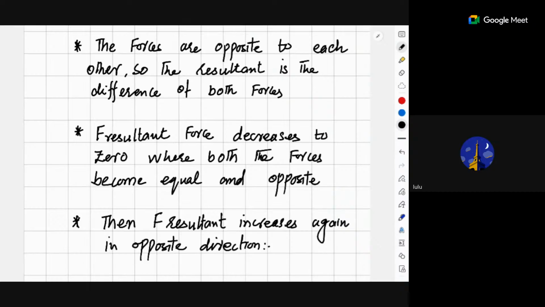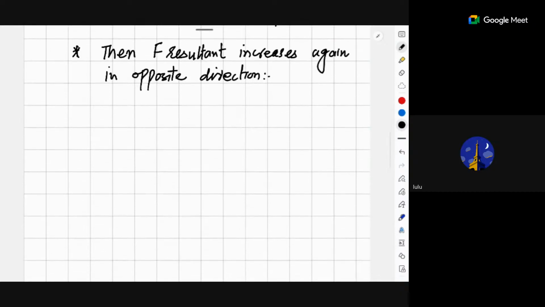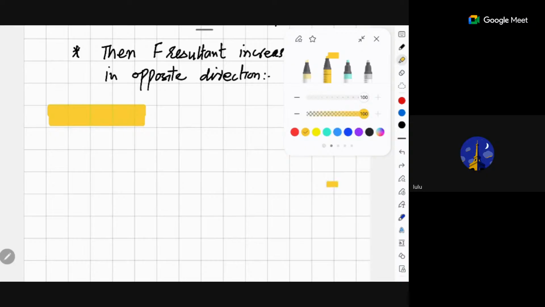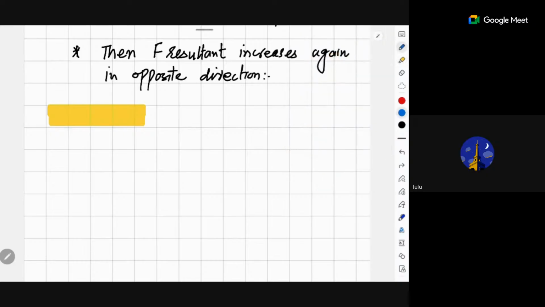Second is you have to make some calculations based on this. These are very important calculations and they are asked to you.